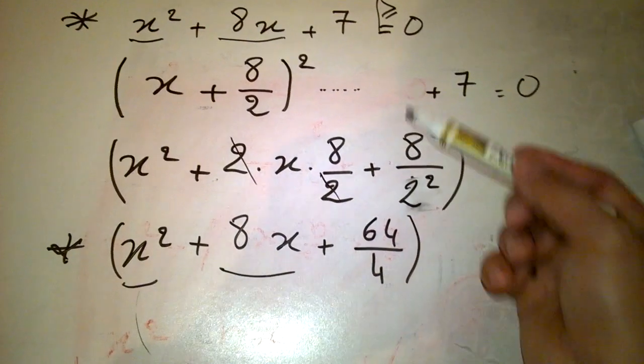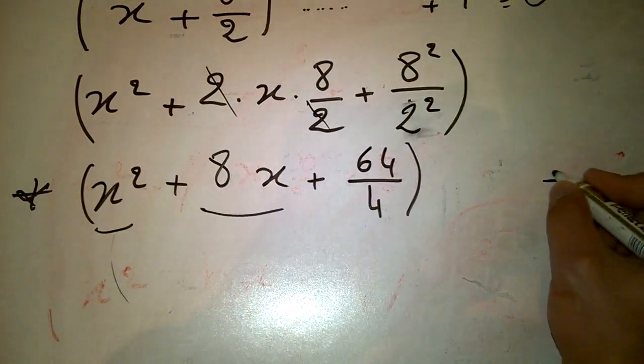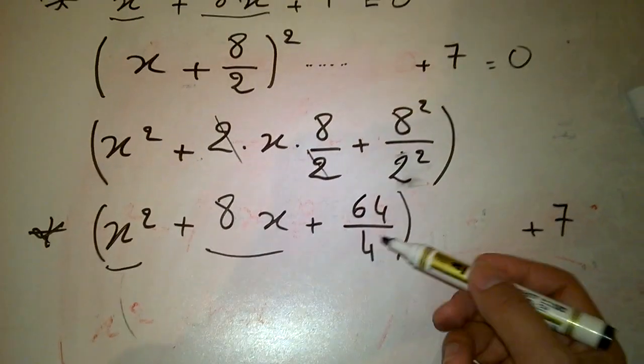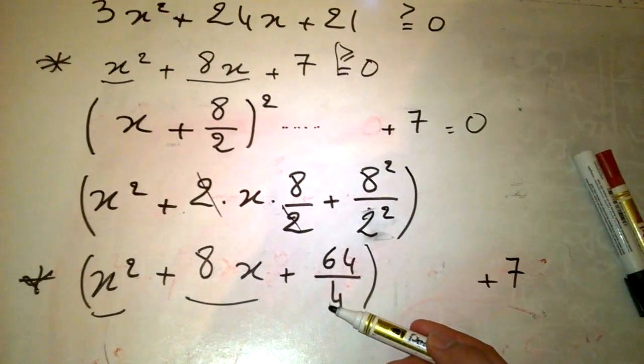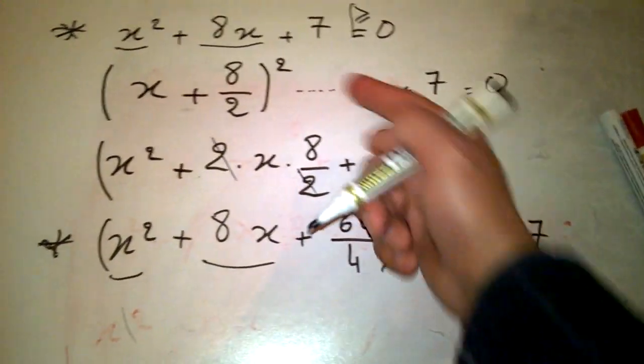Here we have plus 7, here we don't have it, so we'll write here plus 7. Here we have plus 64 over 4, here we don't have anything.